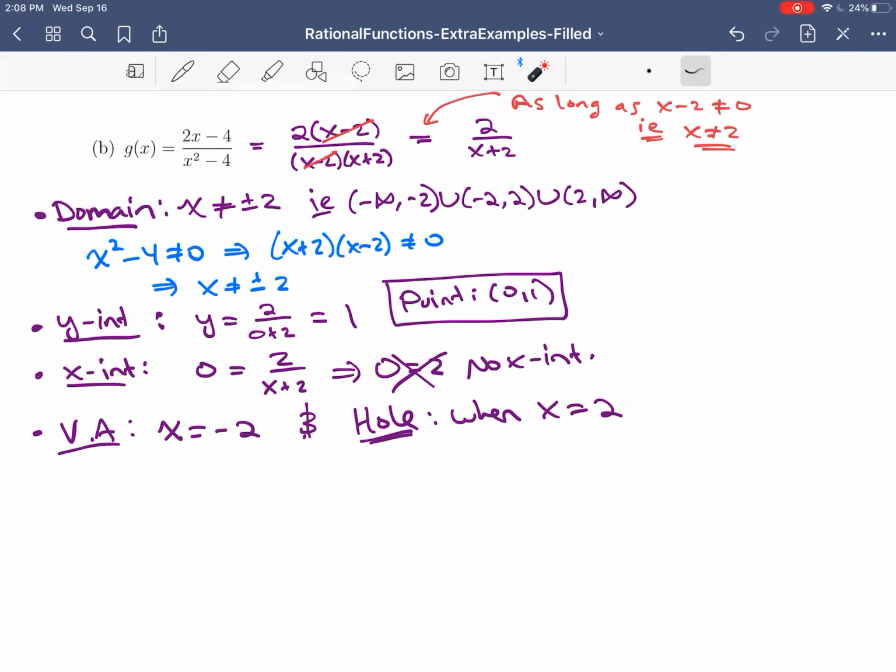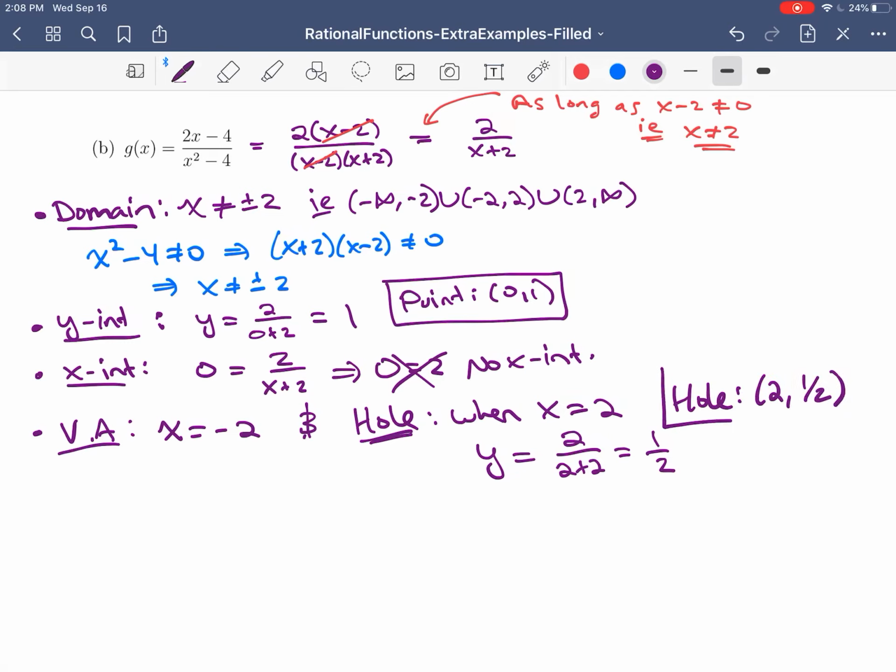You can be as close as you want to 2, and then it's going to follow this. So the values that this approaches are what the y values are getting close to. So the y value is going to be 2 over 2 plus 2, which is 2 over 4, or 1/2. So we have a hole at the point 2 and 1/2.